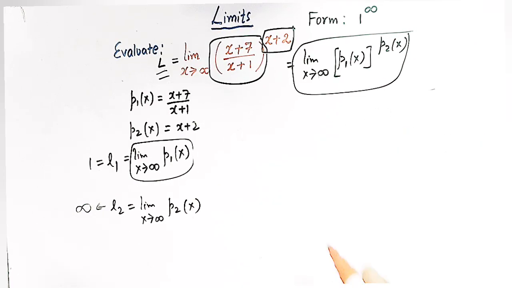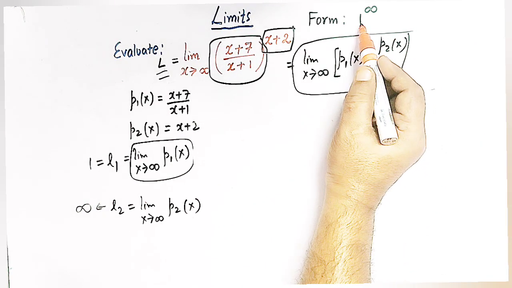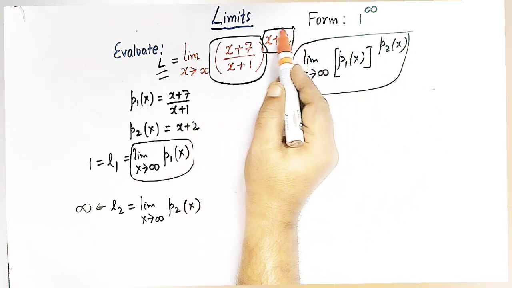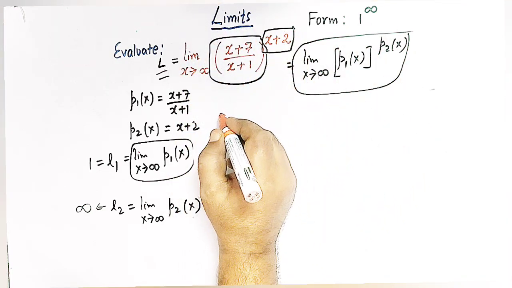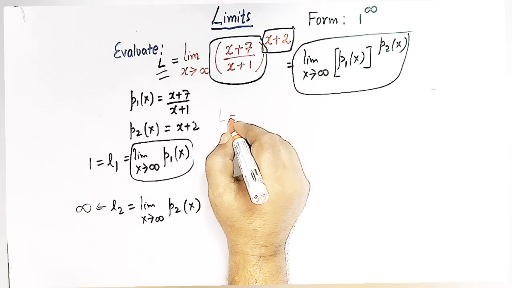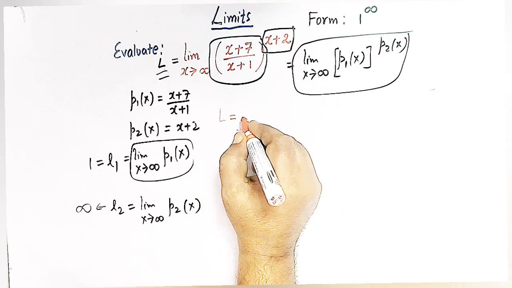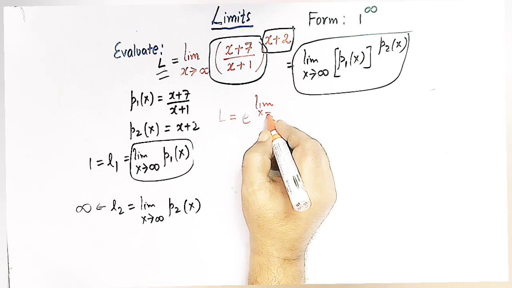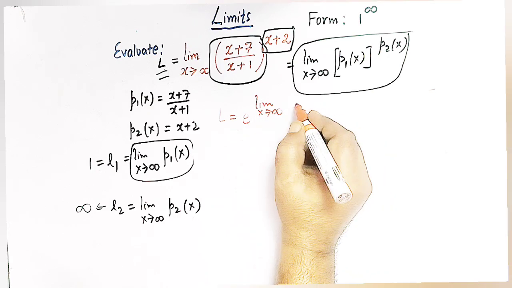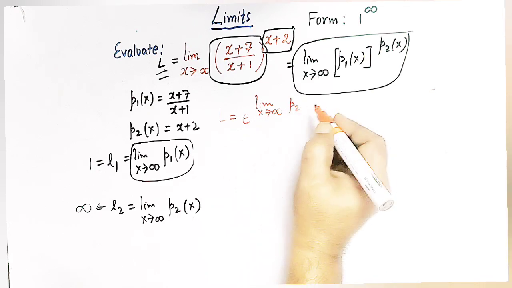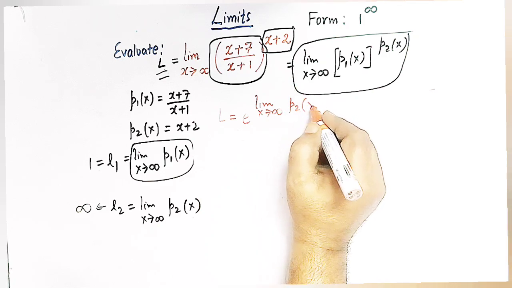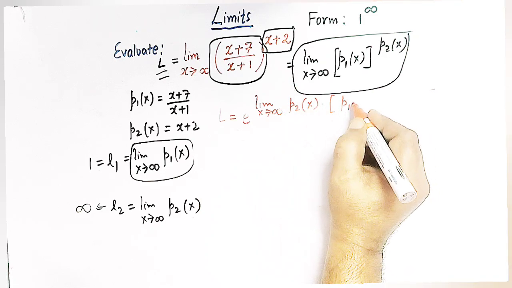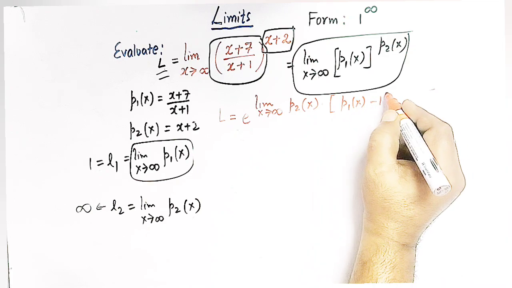So whenever we come across these types of forms, the value of the limit can be calculated by this result, that is e raised to a limit, where x tends to infinity, of the function p2(x) multiplied with p1(x) minus 1.